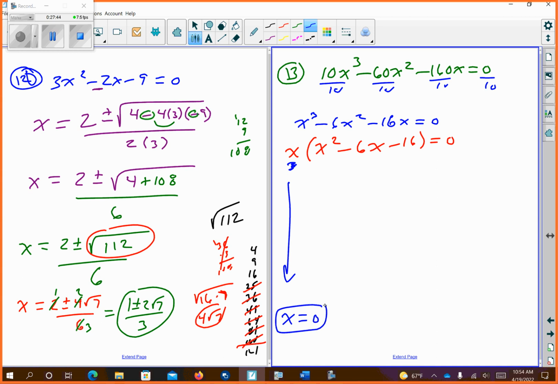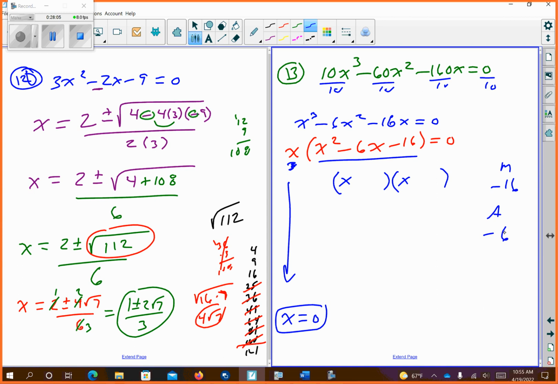All right, we're getting closer. I want to factor this. I think I can do my faster method. Okay, I'm looking for 2 numbers that multiply to give me negative 16, and add to get me negative 6.